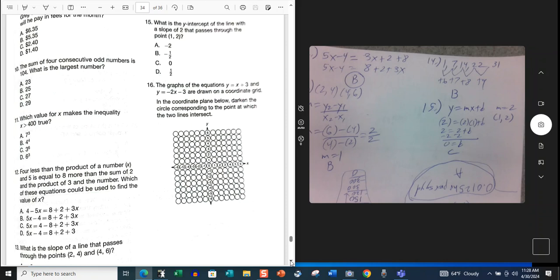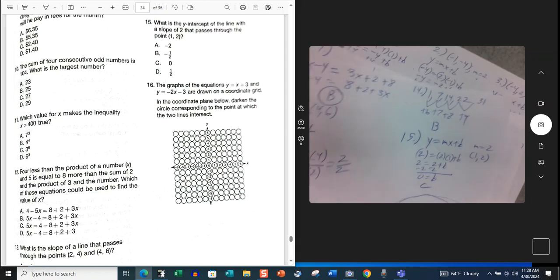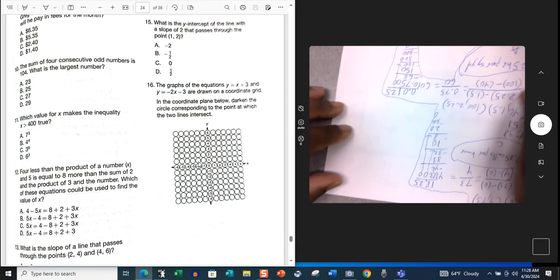Now, the two lines are going to intersect at negative 2, 1. Now, I don't know why it says here that the graphs were drawn, because I don't see it. I don't see where the graphs are drawn. But you could draw the graphs yourself by taking some points. So let me show you how you would set that up really quick.